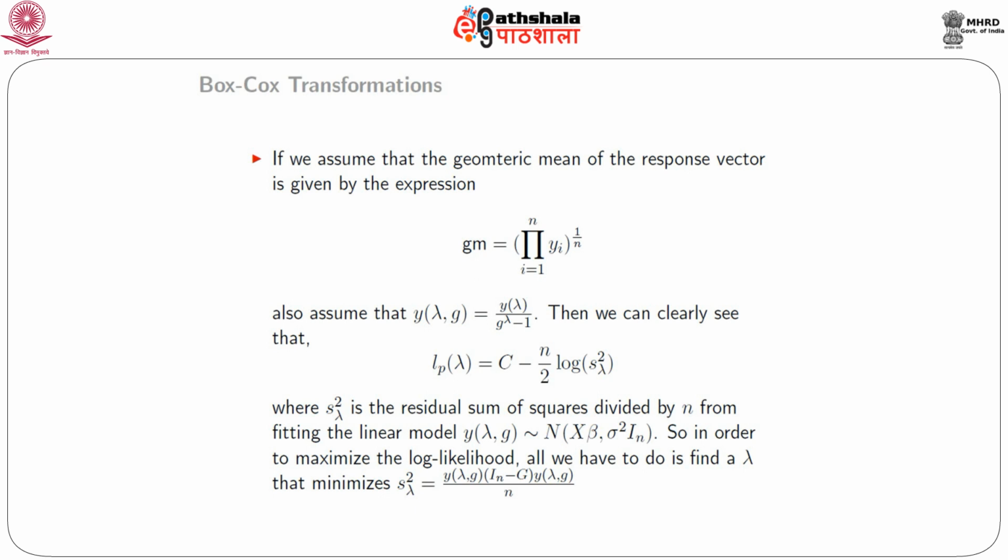So, in order to maximize the log likelihood, all we have to do is find the transformation parameter lambda that minimizes s square subscript lambda, which equals y lambda g prime (I n minus G) times y lambda g divided by n.